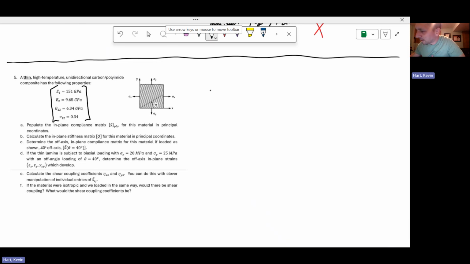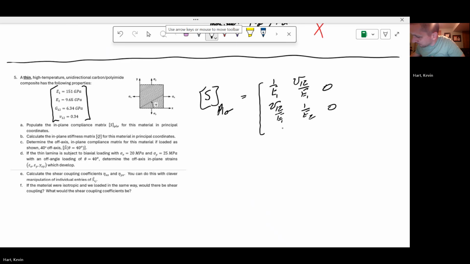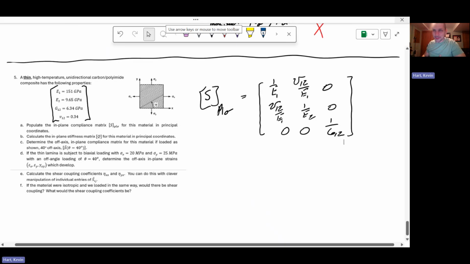Okay, well, we've seen that. We know what that looks like. This is from the equation sheet and the lecture notes. Okay, you have all these values, plug them in and just do it. All right, do the calculation.